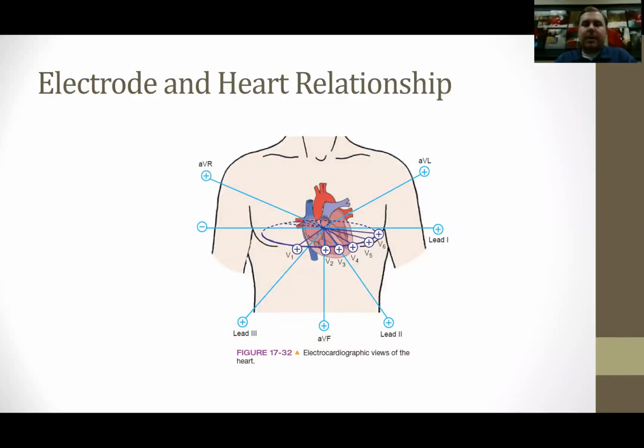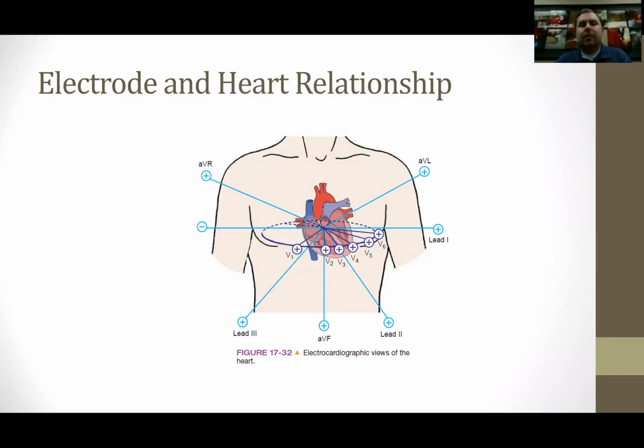This is a picture I always kind of keep in the back of my mind. So this shows you the angle that each lead is looking in at the heart. You're going to have your horizontal leads, which is the V leads, and then your hexaxial leads, which are the limb leads.